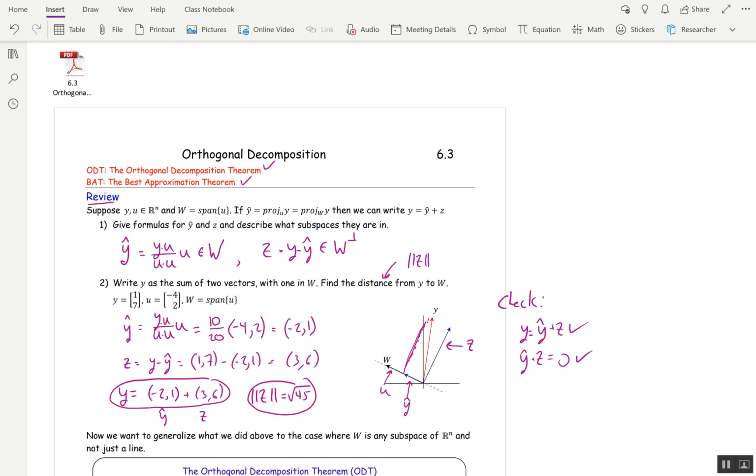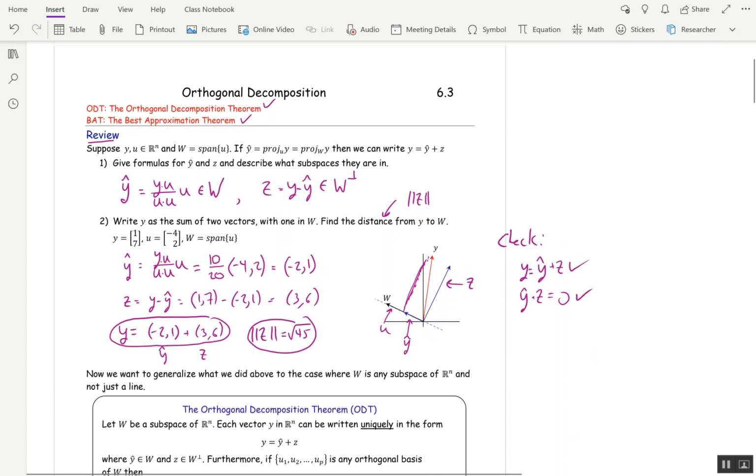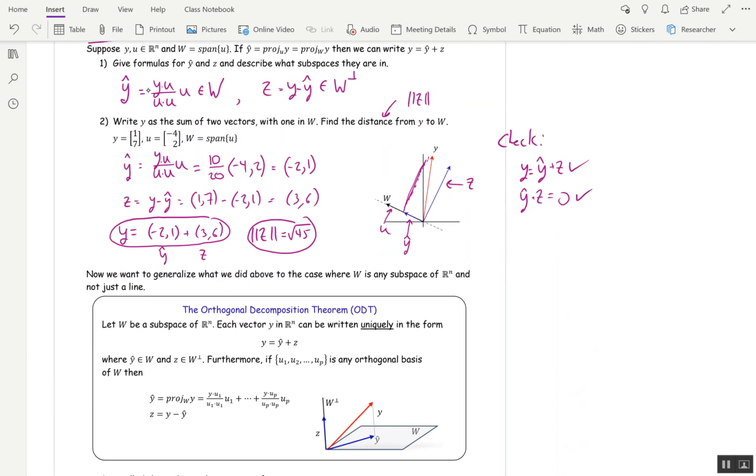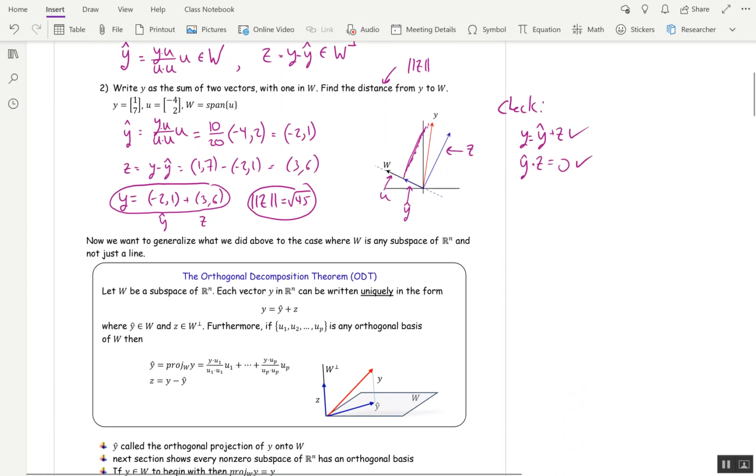Okay, so the orthogonal decomposition theorem is pretty much doing what we just did here, except now W doesn't have to just be a line spanned by a single vector. W can be a vector space spanned by a whole bunch of vectors. In this case, the only change is the formula for y hat.